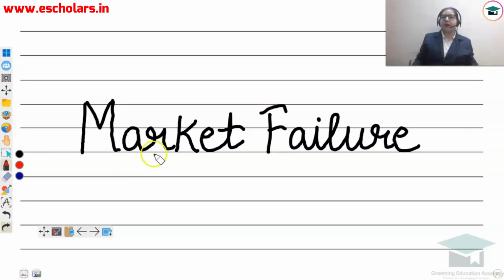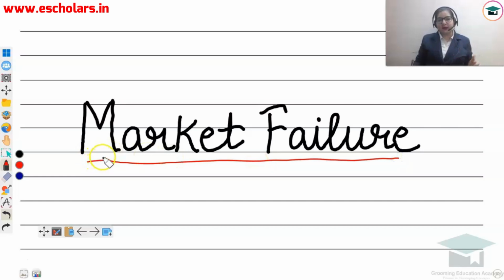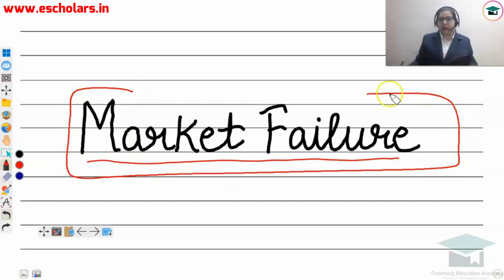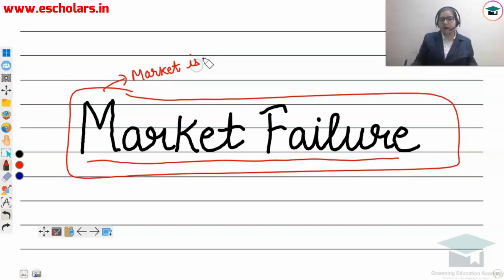Students, we are going to start a new topic of this chapter, which is market failure. With market failure, most of the students think that market doesn't work at all, or you can say market doesn't function at all, but it is not so. With market failure, we mean that market is not working properly.